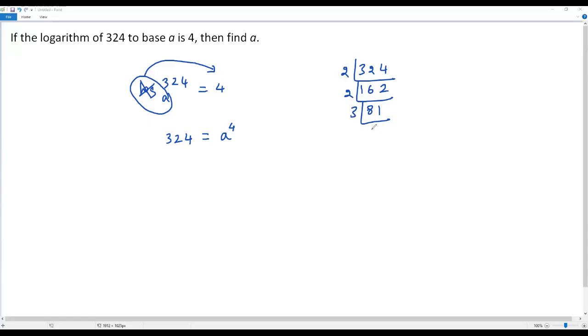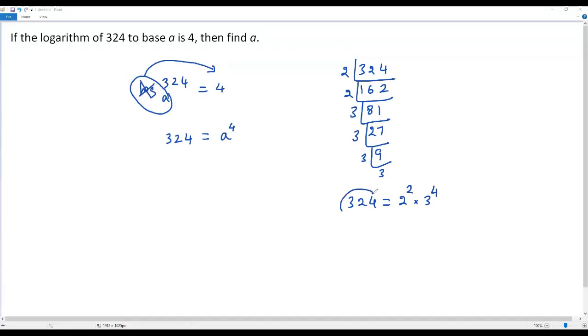When I divide 81 by 3, I'm getting 27. 27 is also a multiple of 3, so it can be divided by 3. When I divide it by 3, I'm getting 9. So 9 is a multiple of 3. Again, it can be divided by 3. I'm getting 3. So now 324 can be written as, here we have two 2s and four 3s. So we can write it as 2 to the second power times 3 to the fourth power.